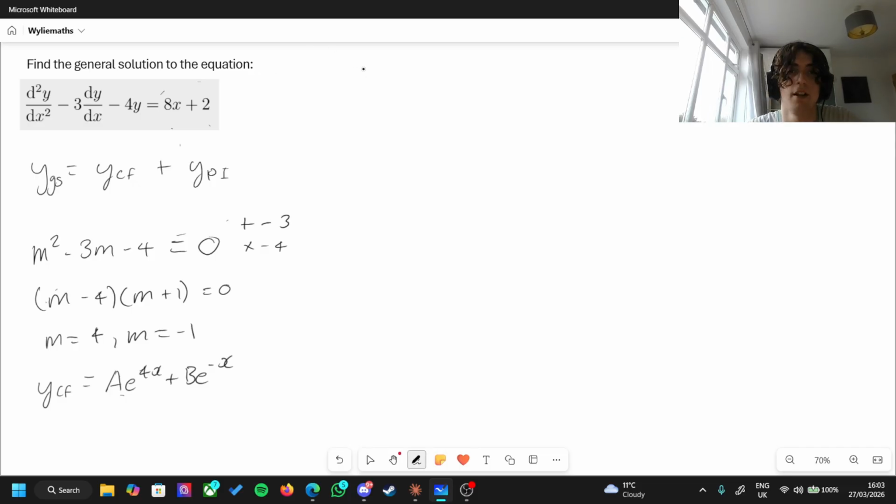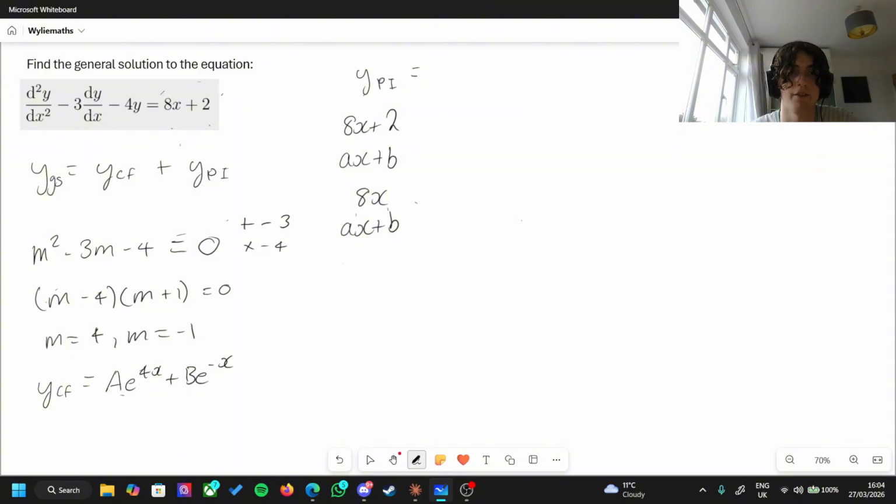Now to do this, we find the form of our particular integral, and we get this from the equation. So we start with 8x + 2. That means our particular integral is of the form ax + b. If you had, say, just 8x, you would still have ax + b. You just include the highest order of your variable, and then you add on every lower order from that, even if it isn't present in the equation.